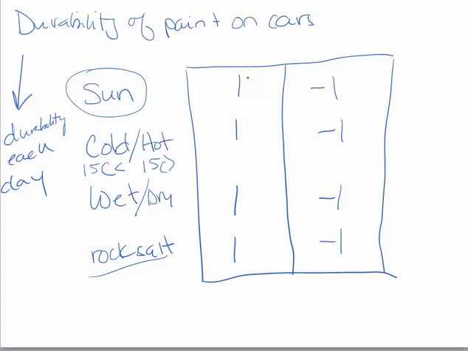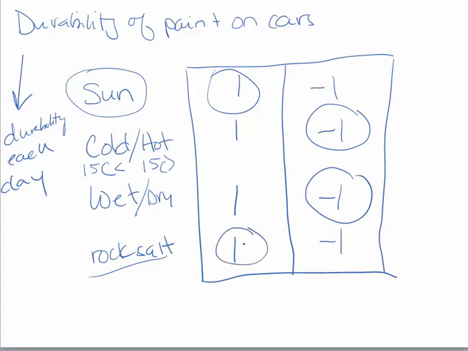So maybe it was sunny today, and it was pretty hot and dry, and there was no rock salt. That's just one iteration, or one day's worth of data. What we measure for each day is that durability value. The conditions that the car could be under can have many combinations, like a factorial type scenario.